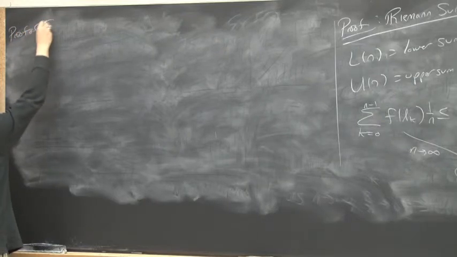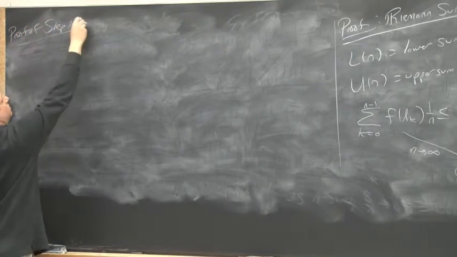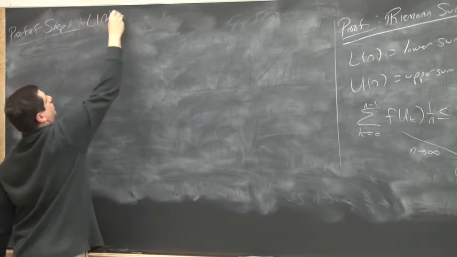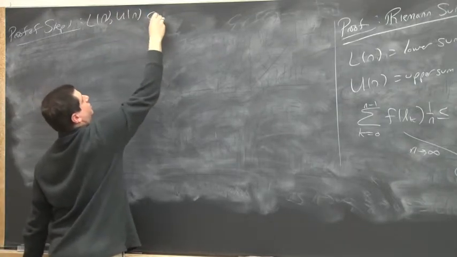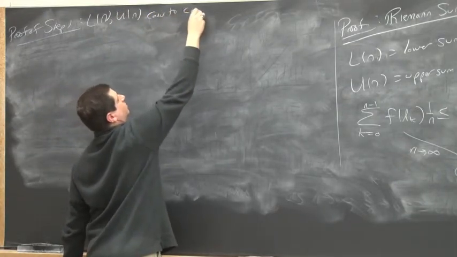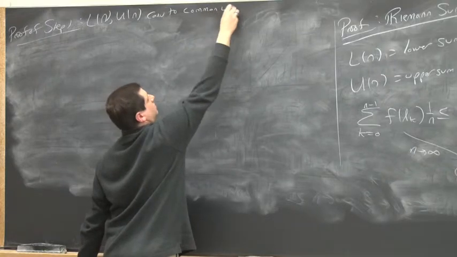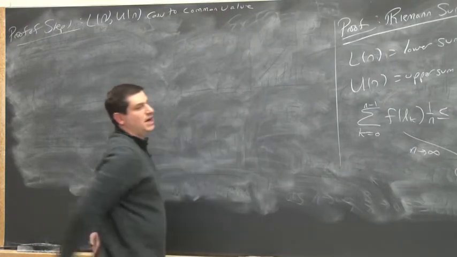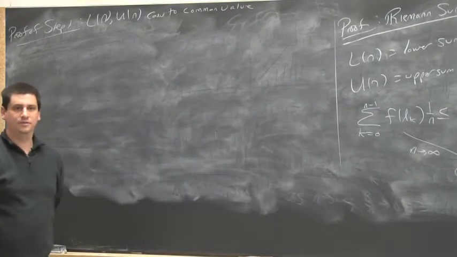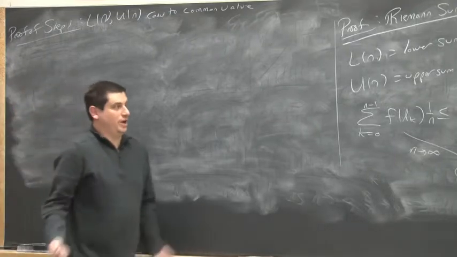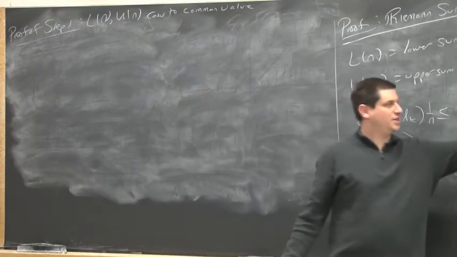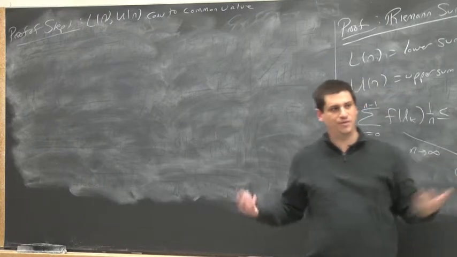Proof of step 1. Ln, un converge to common value. Which is larger, un or ln? Un, right? Un is always taking the larger points, the points where the function is larger.